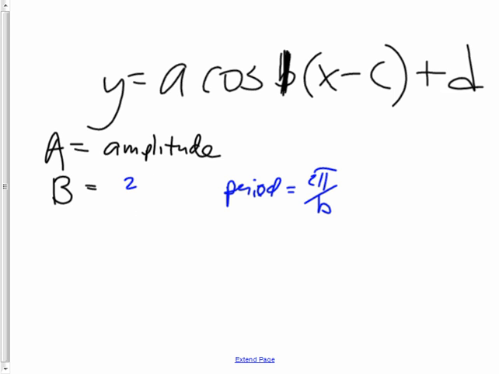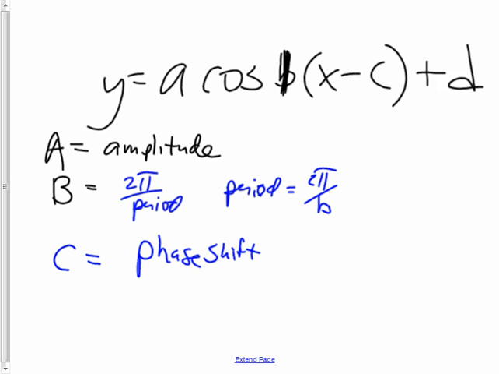Nope, I better redo that part. There we go. Here's C. C is called the phase shift. It's one of the differences from what you would have called it last year, when you weren't doing trig, that was called a horizontal shift.